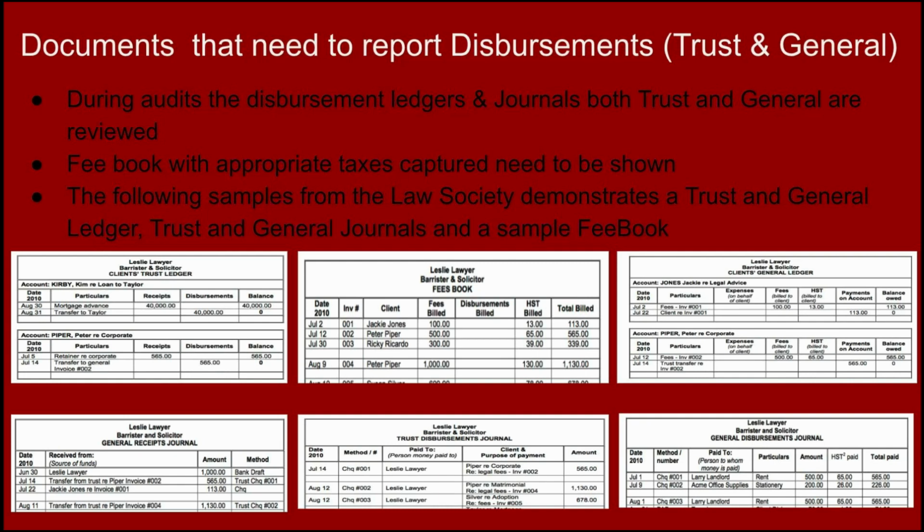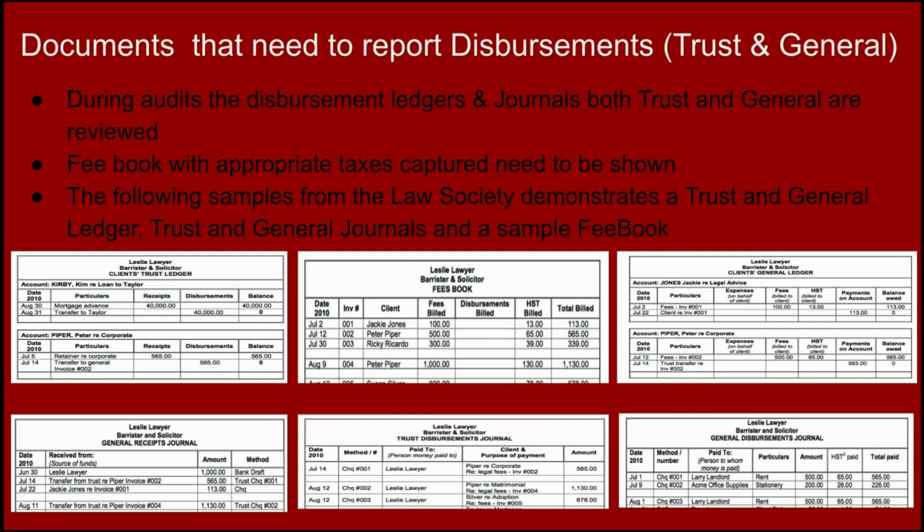if you're looking at the second picture on the top, you see the fee book. It has a separate column for fees billed and disbursements billed. So it bifurcates the fee further into legal fee and disbursements, which is captured, right?